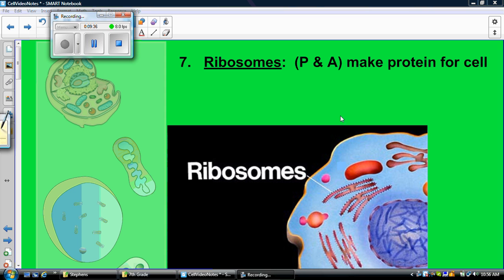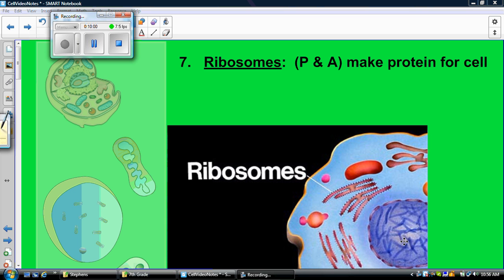They're very tiny. They make protein for the cell. So remember, protein is a chemical cells use to help build and repair other organelles. So proteins help cells repair. So if they get a little bit damaged or they need to break down an old organelle that's no longer working, proteins help do that. So ribosomes make protein for the cell.